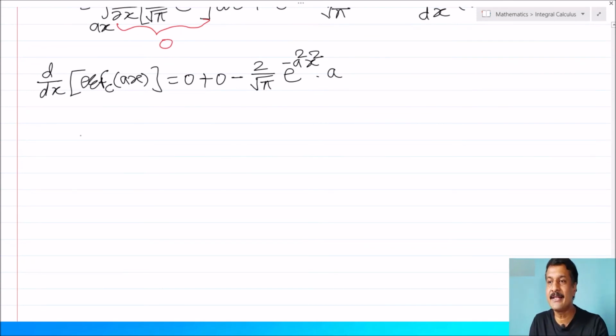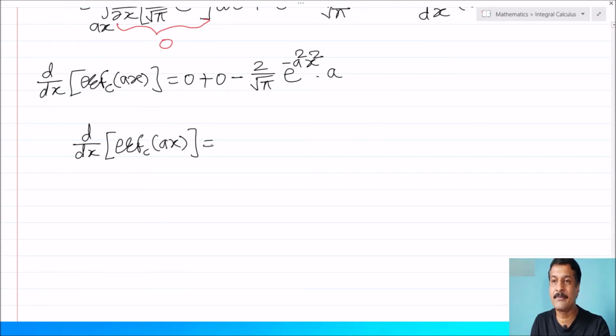So the final result is d by dx of the complement of error function of ax equal to minus 2a by root pi e raised to minus a square x square.